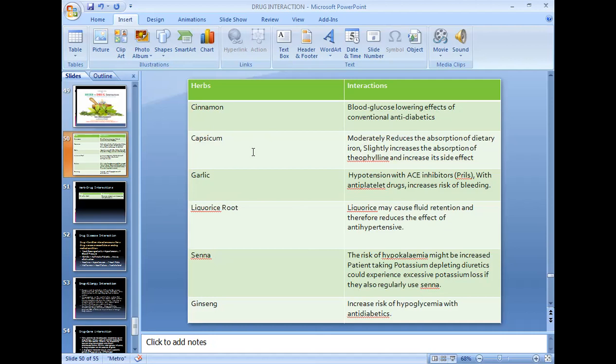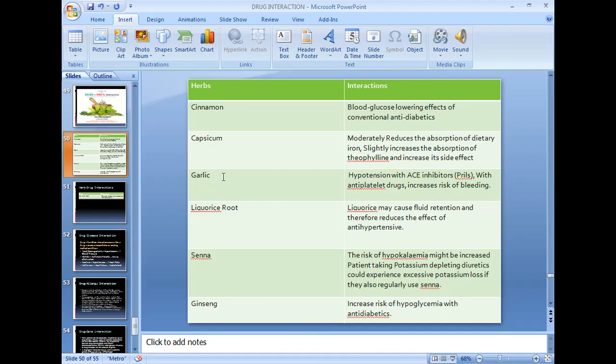Capsicum, which is also a common kitchen herb, when it is taken with iron, moderately reduces the absorption of dietary iron, and it is also capable of increasing the absorption of theophylline, and thus increases its incidence of side effects.